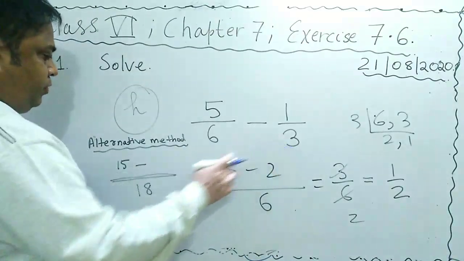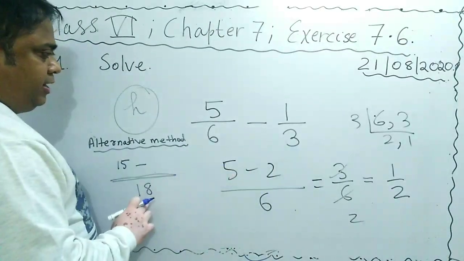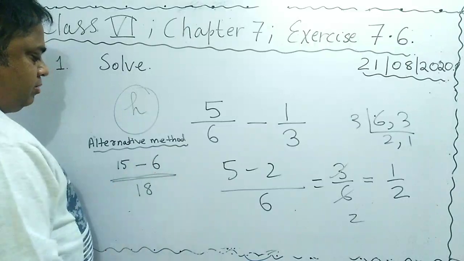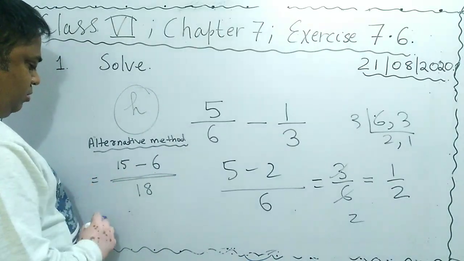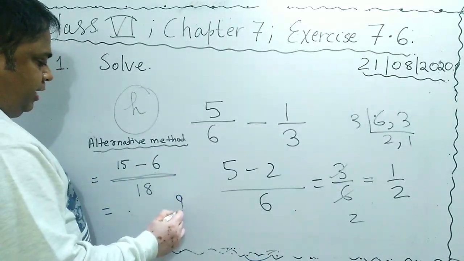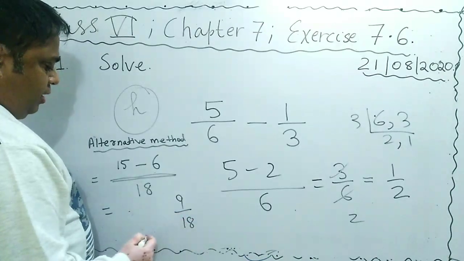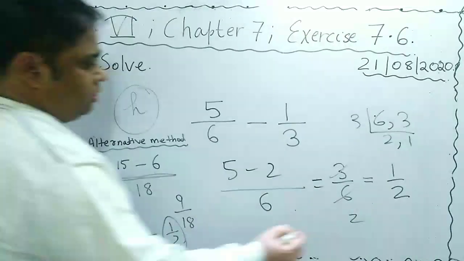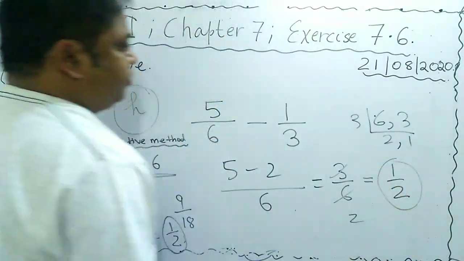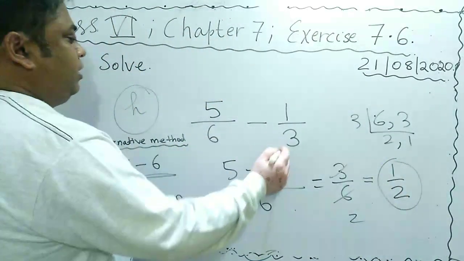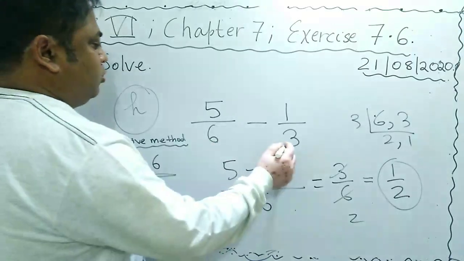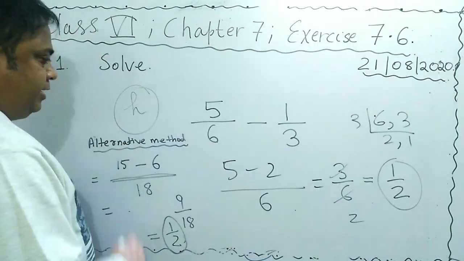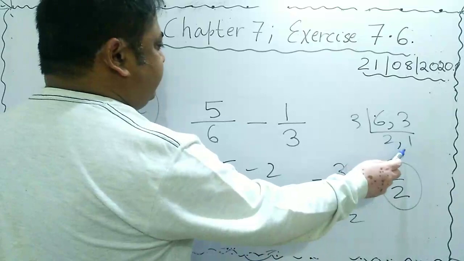Minus, this will become 3 6s are 18 and 6 1s are 6. How much will this be? This will be 9 by 18. And here also the answer will come out to be the same. See. But if the numbers are too big, it will not be wise to multiply them as I did. In that case, we take out LCM.